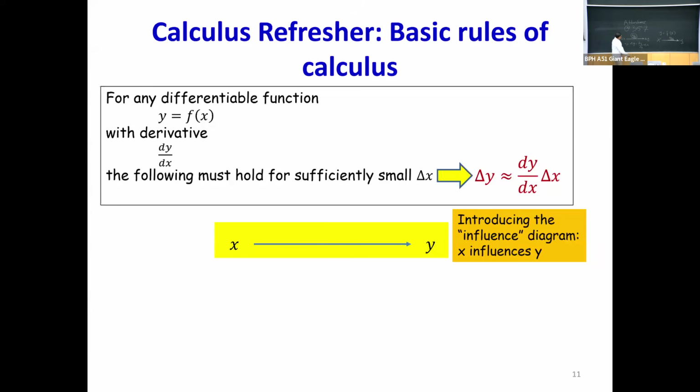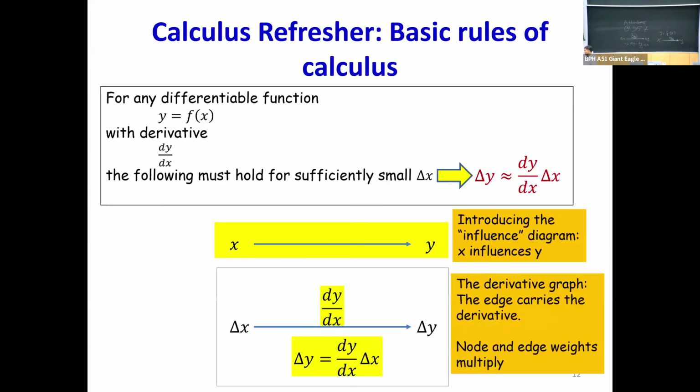So this is what we are saying: the derivative is the amount by which you must multiply the increment in x to get the corresponding increment in y. You remember we explained this? That's all we are saying. I'm representing this as a diagram in this manner. When I say x influences y, that means any small perturbation of x is going to result in a perturbation of y, and the corresponding relationship is given by delta y equals the derivative times delta x.